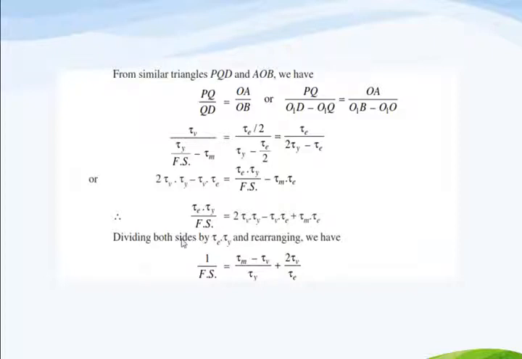If you divide both sides by tau v into tau y, we get the factor of safety relation. By using this relation, you can find out the factor of safety.